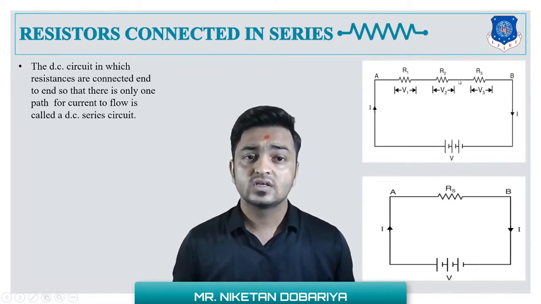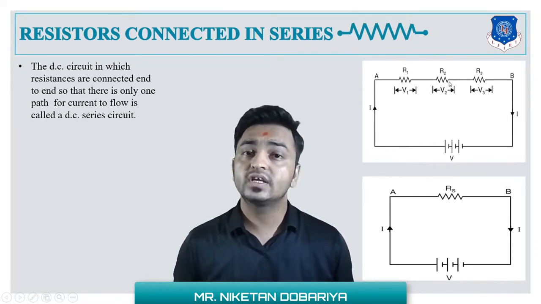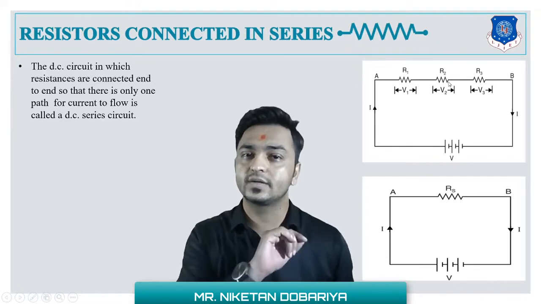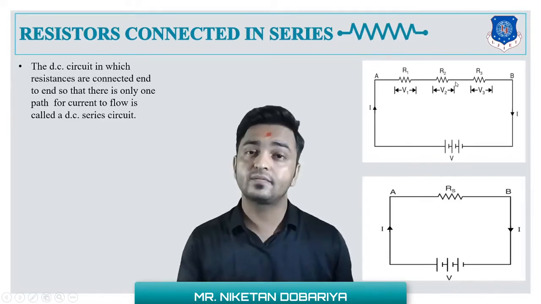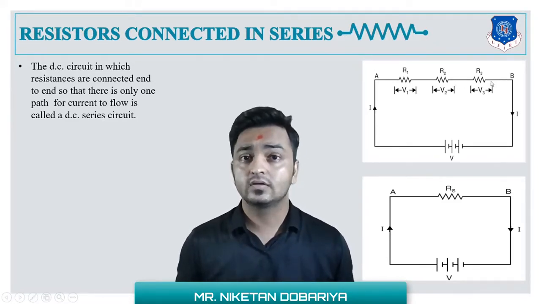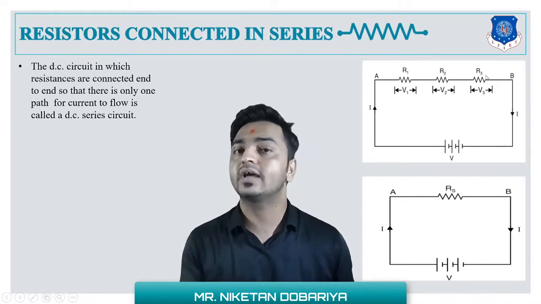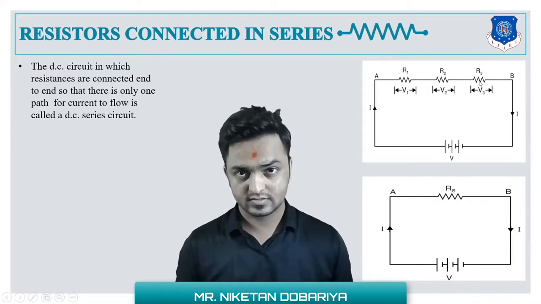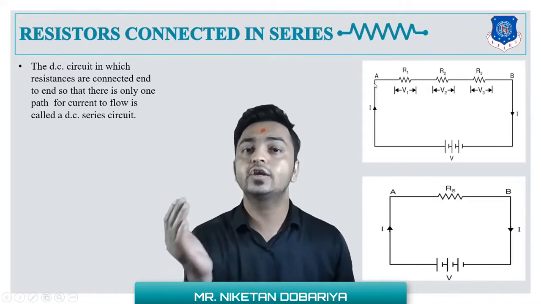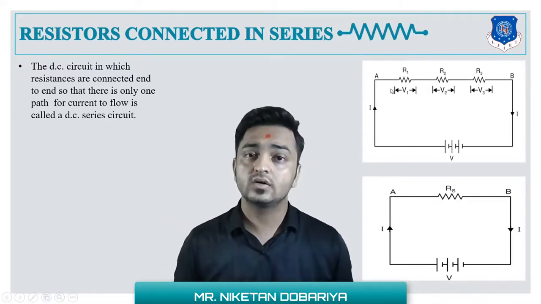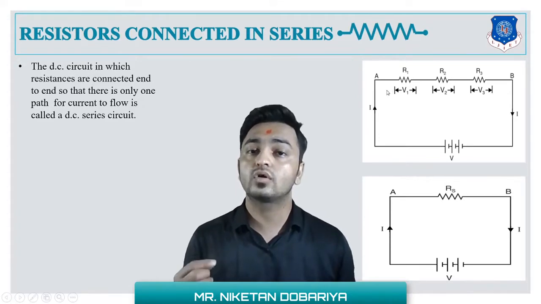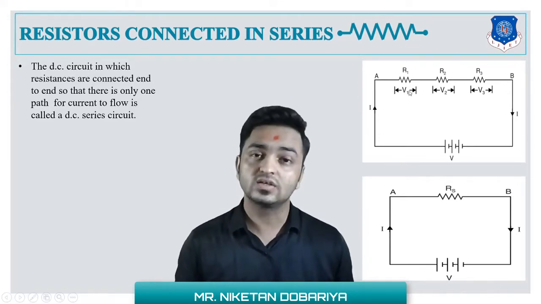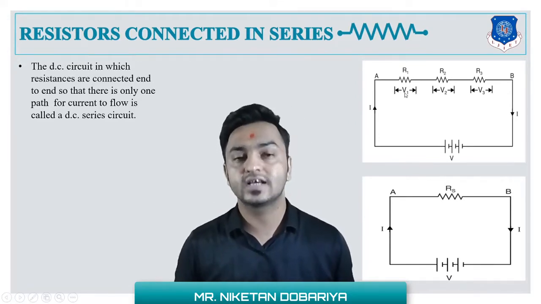Similarly, the second end of R2 is connected with the first end of the third resistor. If there will be a fourth resistor, then R3's second end will be connected with R4's first end. So basically, this is the end to end connection, and here we have only one path for current to flow. So this is known as a series connection.